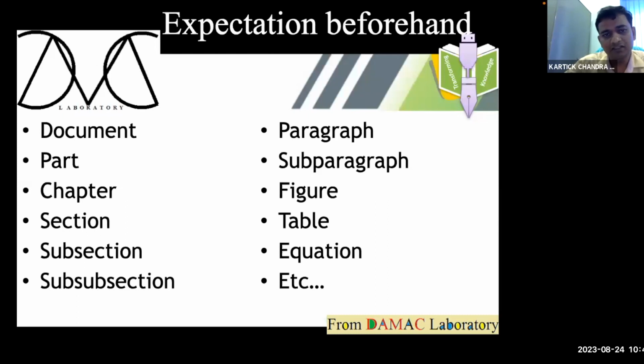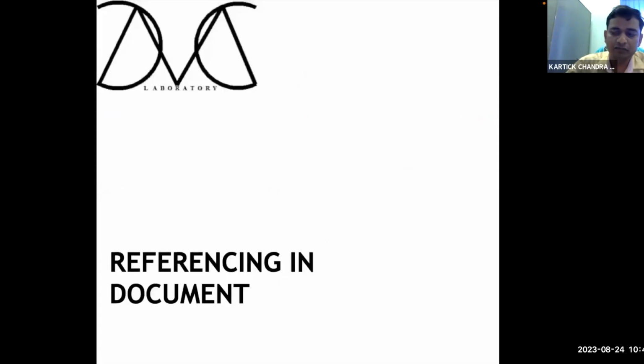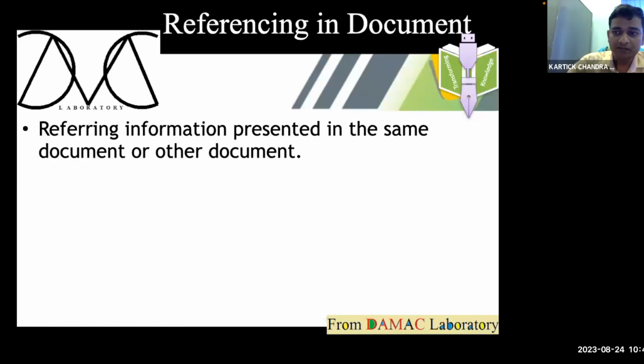In these cases, we need to refer from one portion of the document to another place, and that is called referencing in a document. Referencing has many types and plays different roles in reading and understanding the document.